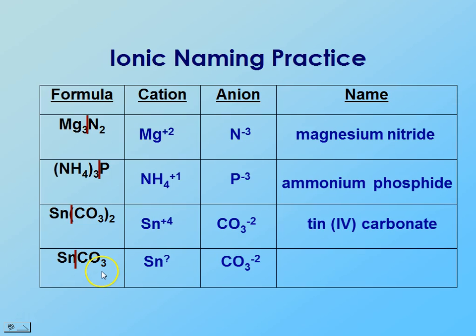Any little numbers that we see that are not outside of a parentheses have to be part of that polyatomic with subscripts. We have one carbonate ion and we have one Sn ion. If carbonate's -2, to balance it out, Sn would have to be +2. So the only difference between these two names is the Roman numeral: tin(II) carbonate.